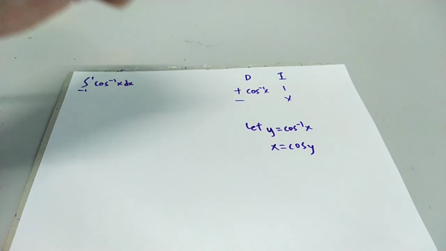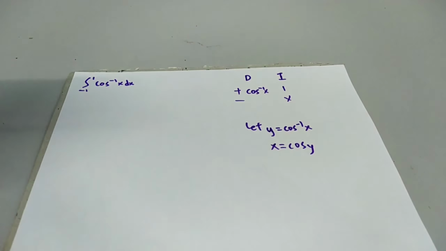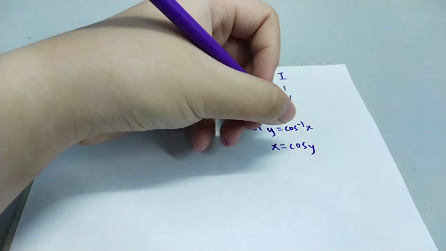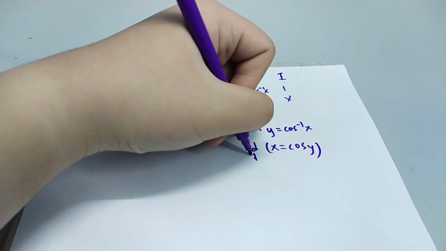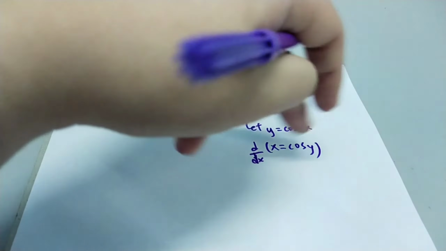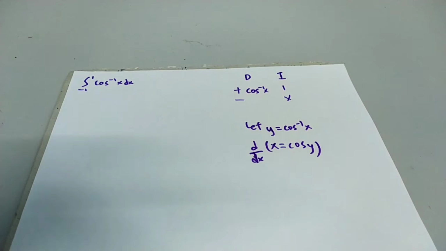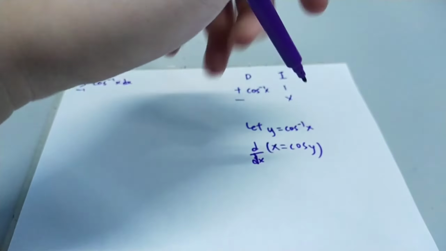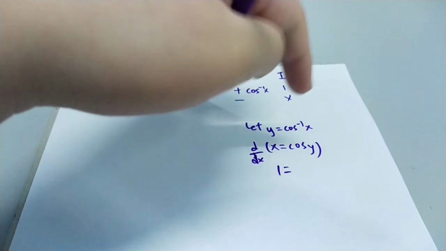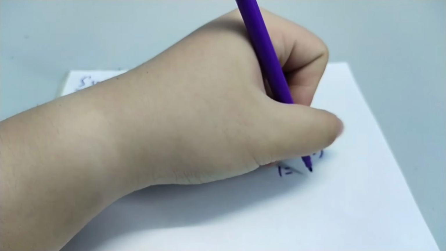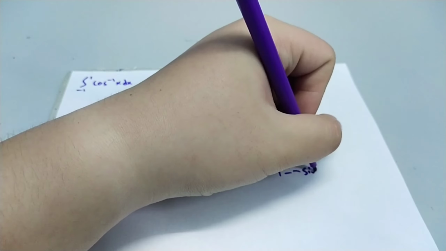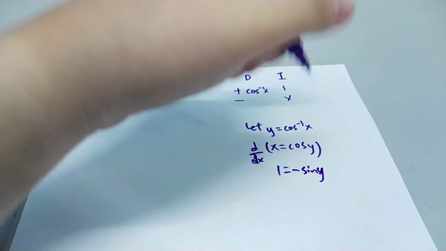And then by using the concept of implicit differentiation, I will take the derivative of this equation with respect to x. So the derivative of x is equal to 1, and the derivative of cosine of y is equal to negative sine of y.